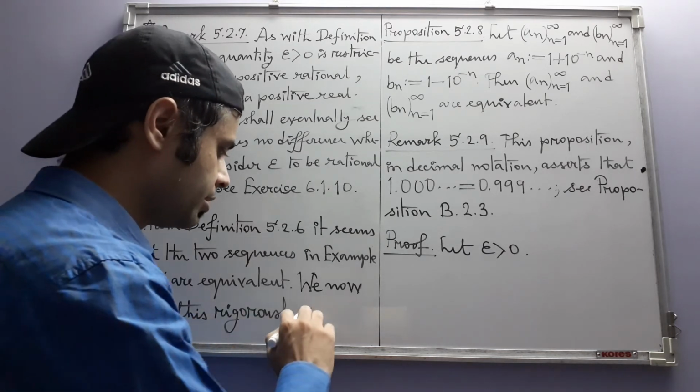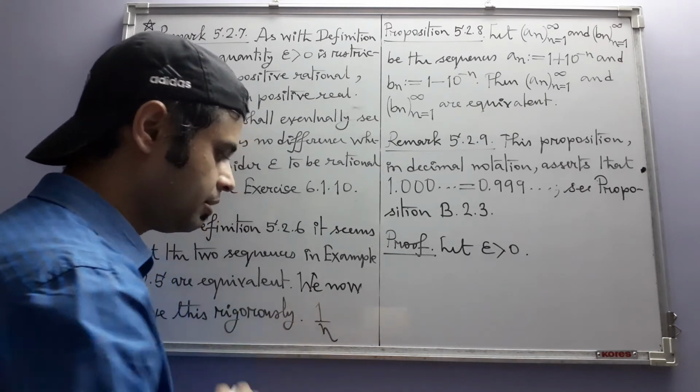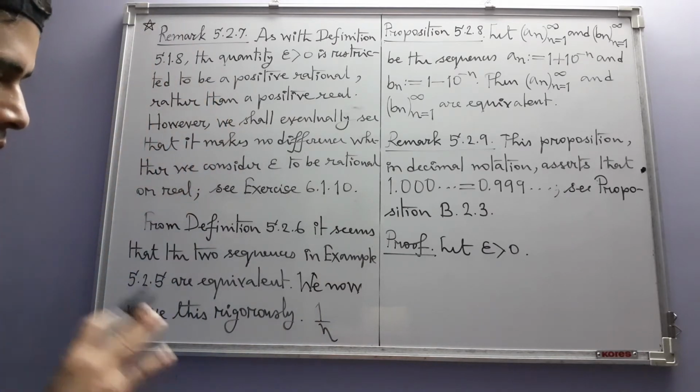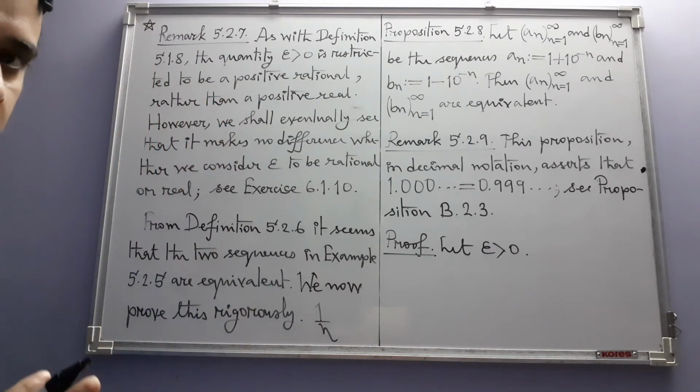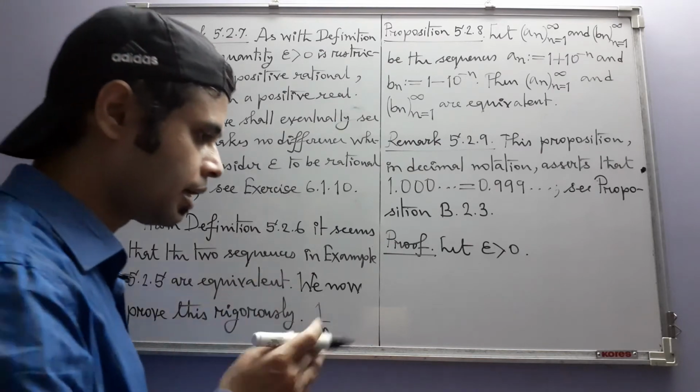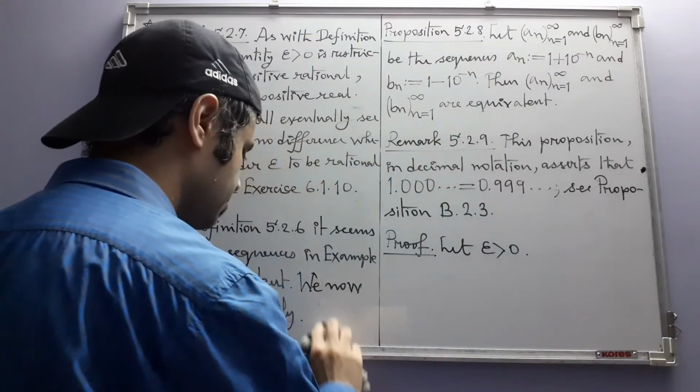There we proved that the sequence 1 by n is a Cauchy sequence. In the proof of that fact, we used proposition 4.4.1. Now again we are going to use that.